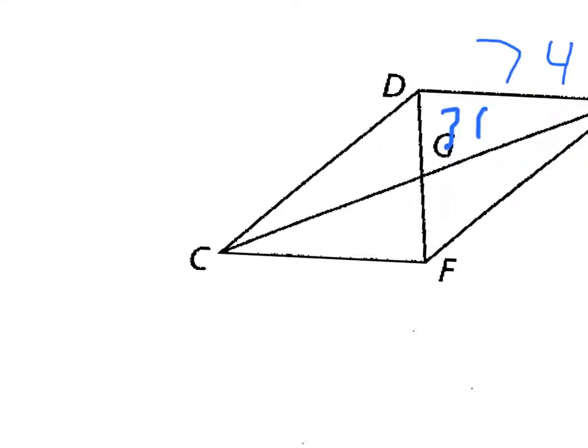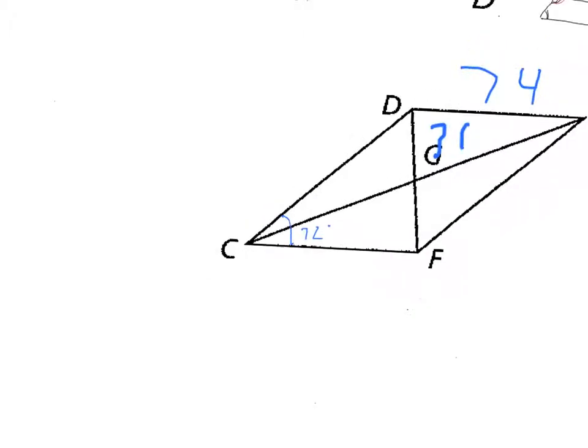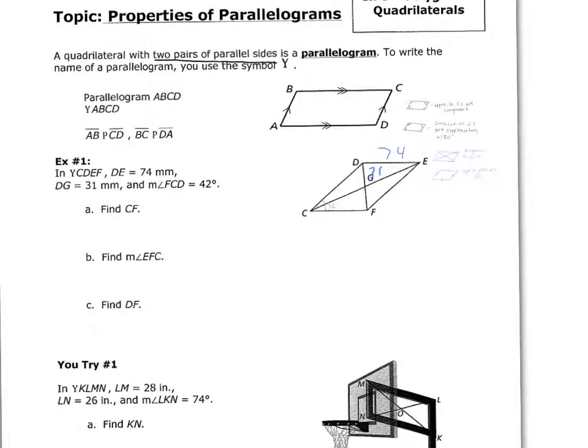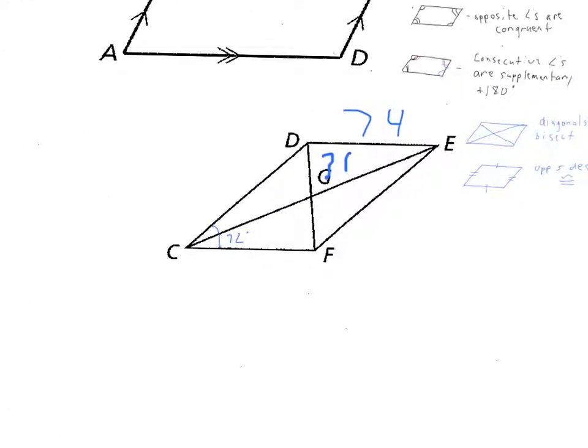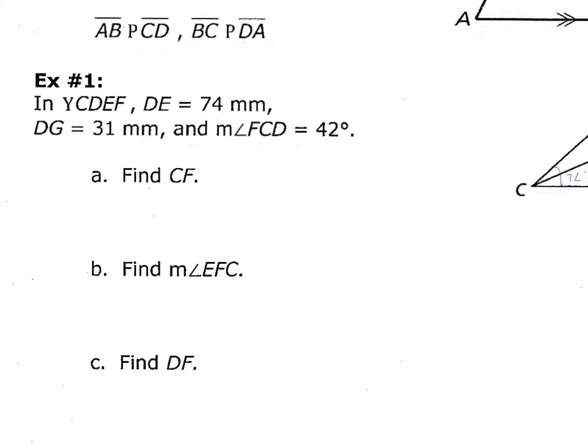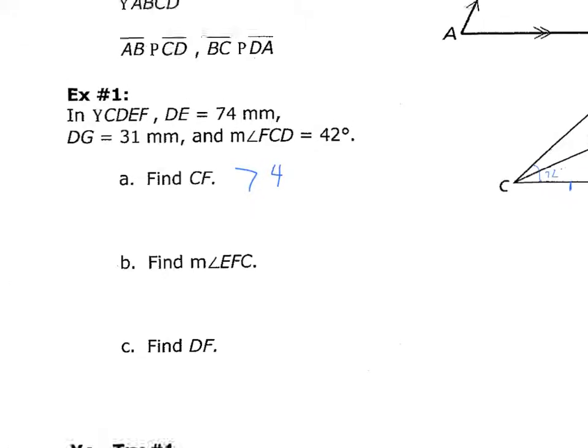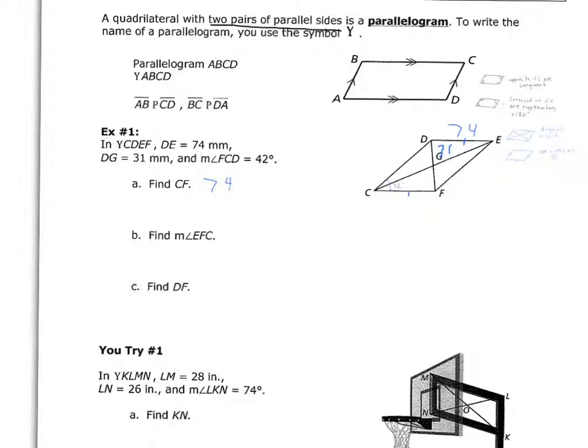Okay, so this whole angle is 72 degrees. And our goal is to figure out what CF is. Well, with the properties that we just learned, we know that opposite sides of a parallelogram are congruent. So DE would be congruent to CF, so we know that CF would be 74.